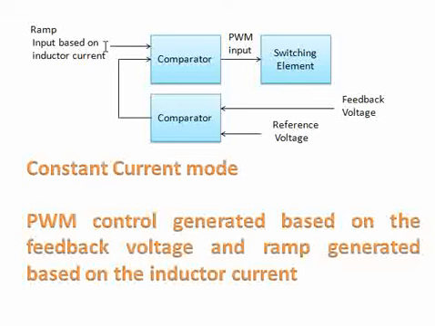In constant current mode, this ramp is not fixed. This ramp is based on the current passing through the inductor. If you have seen a buck regulator or boost regulator, there is an inductor present. The current that flows through it is sensed and fed back as a ramp to this comparator, which means an additional level of control is being introduced.